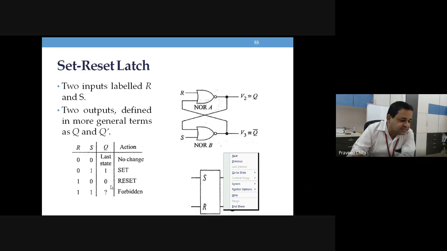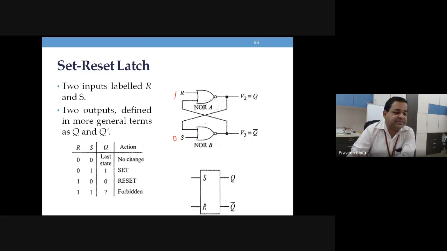if you apply the third input, that is R equal to 1 and S equal to 0, what happens now? Which gate output will be high or low?